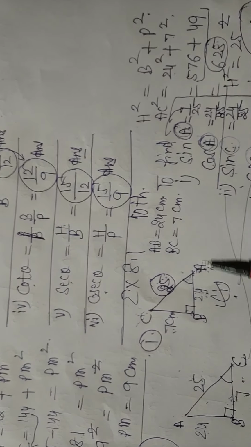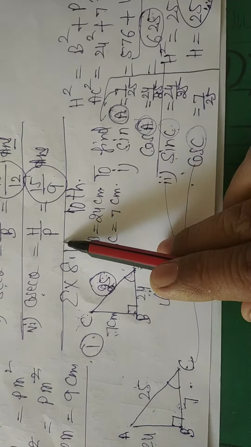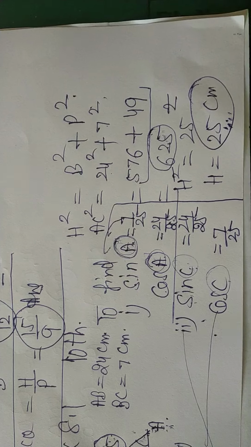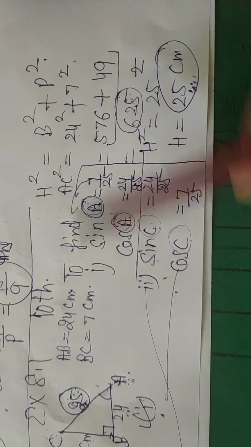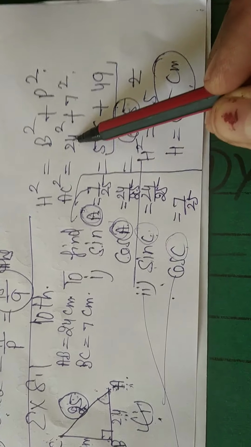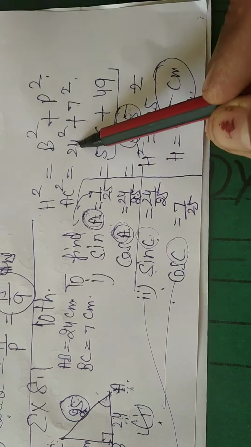In exercise 8.1, it's given a triangle ABC in which BC is 7 and AB is 24. Now we will use the Pythagoras theorem, h square equals b square plus p square. Replacing the values, AB base is 24 and perpendicular is 7, so 24 square is 576, 7 square is 49, and we get 625, which is of course the square of 25.